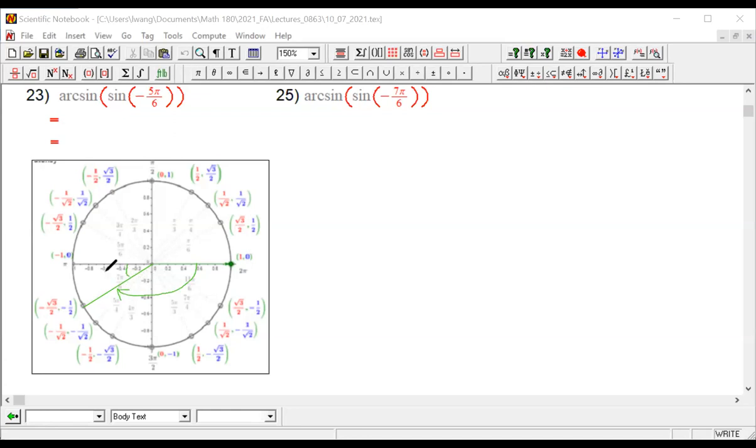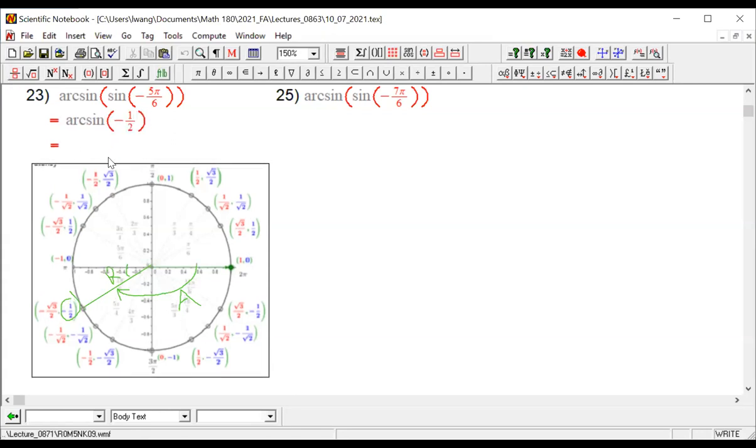R is pi over 6. ARD. And what's the blue? Negative half, right?